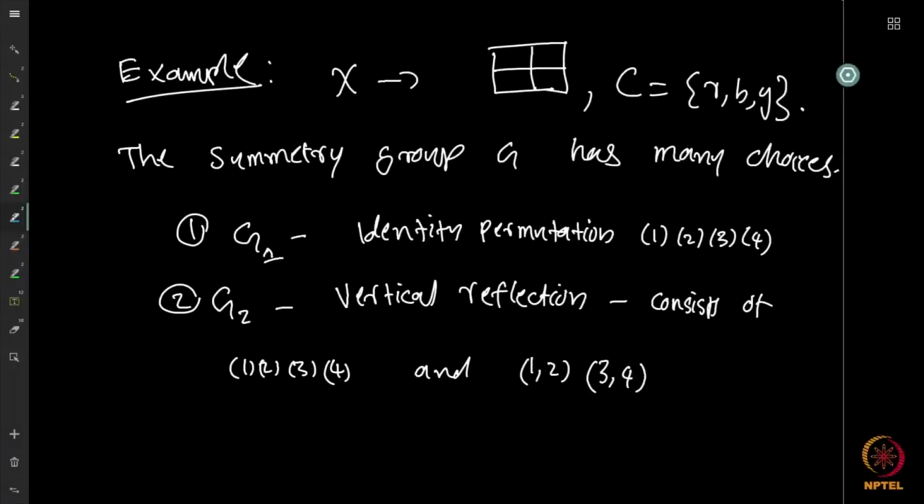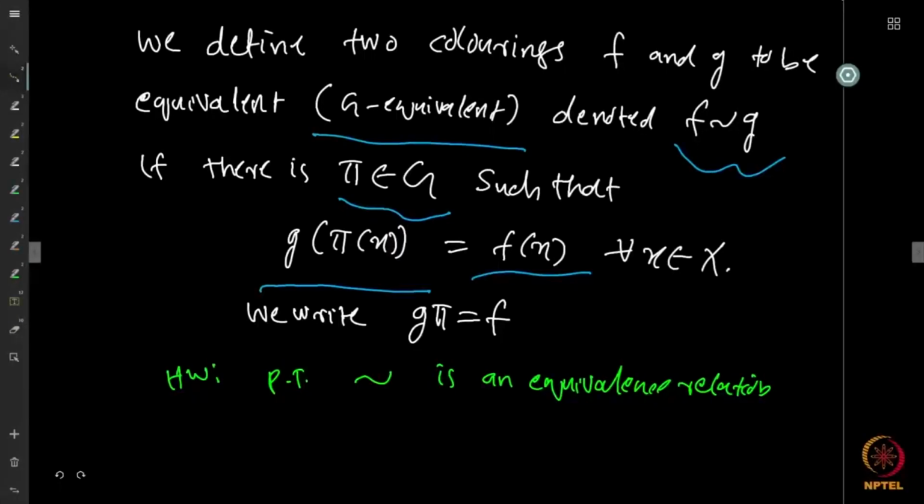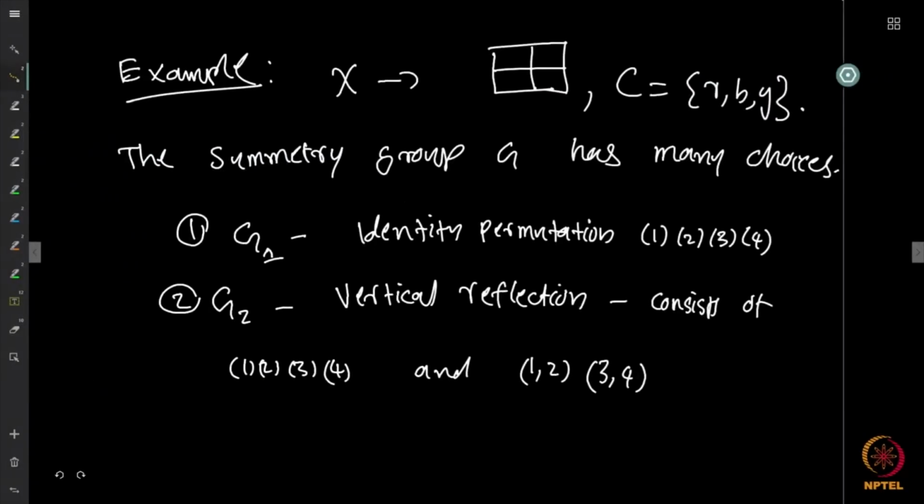Continuing our example, we have the set X, which is the set of these four squares, right? And C is the colors R, B, and Y. Now the symmetry group G, right? We said that G is a subgroup of the symmetric group on X, S_X.